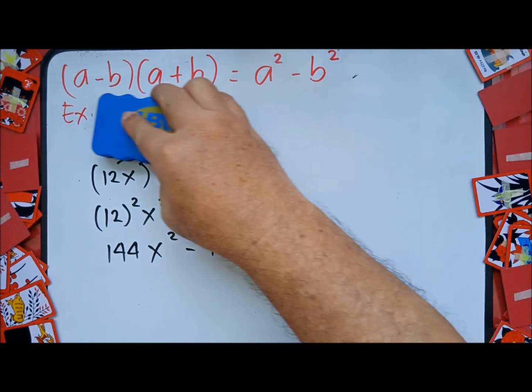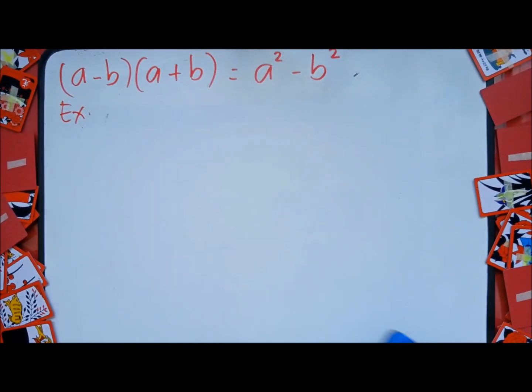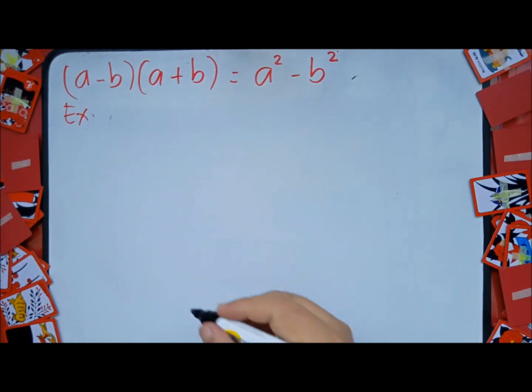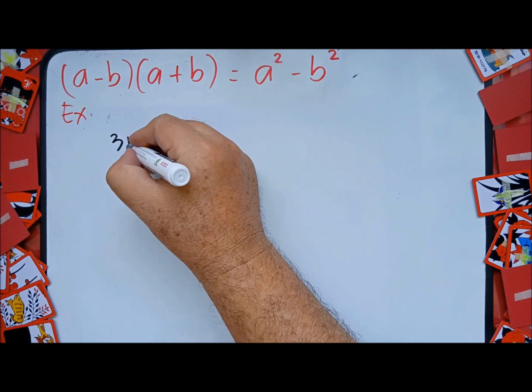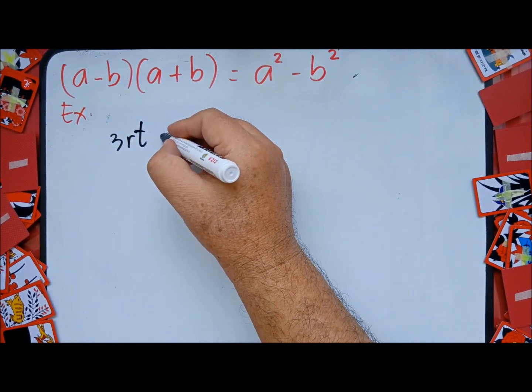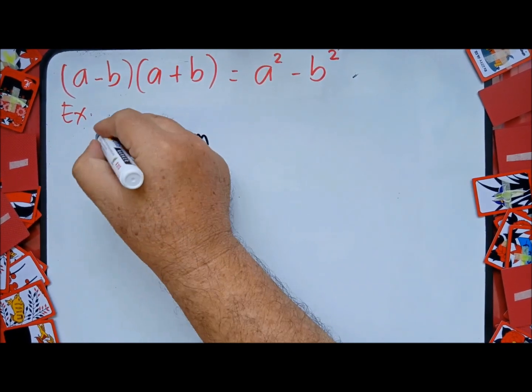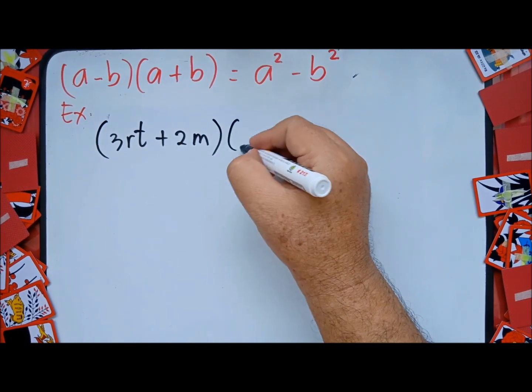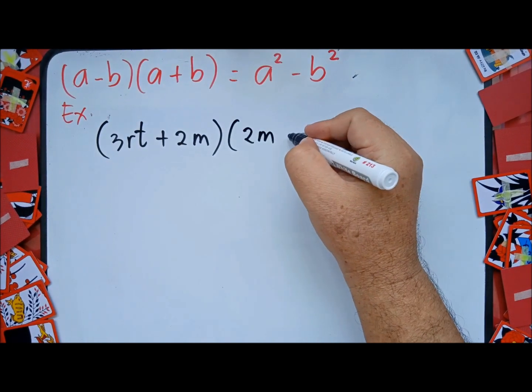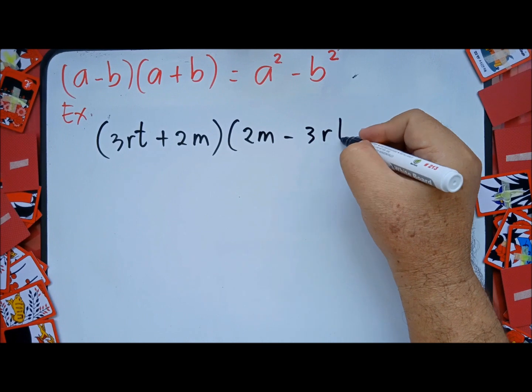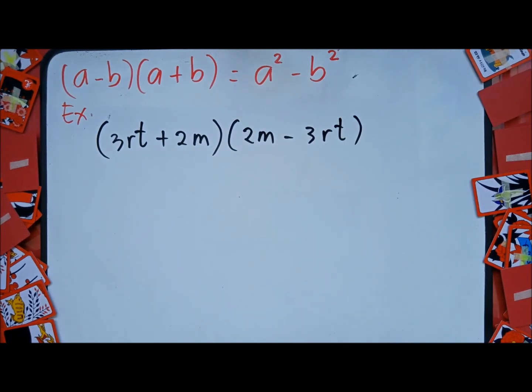Okay, next. How about 3rt plus 2m and 2m minus 3rt. Now, question.